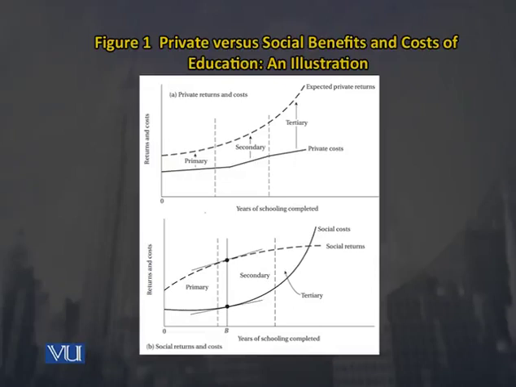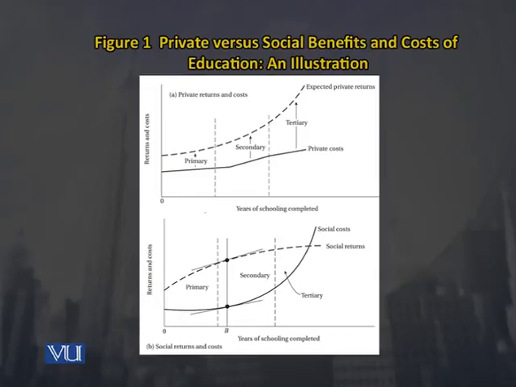But if you look at the returns, the private returns in particular or the expected private returns are drawn in panel A in this diagram. So you can see that when you acquire primary education, it rises and it further rises when you acquire the secondary education, and it continuously keeps on rising when you are getting the tertiary education or the higher education.